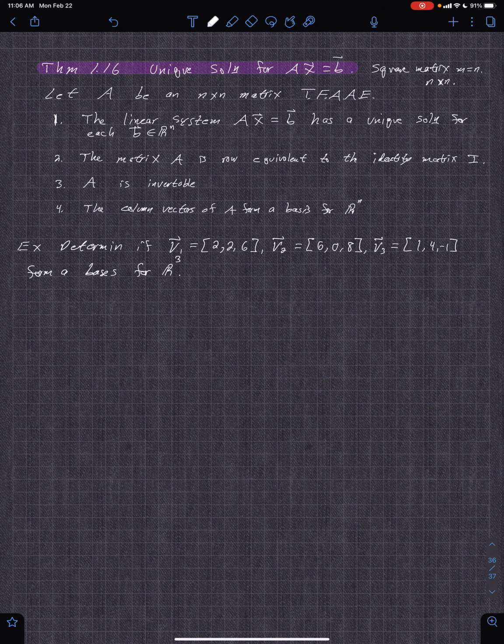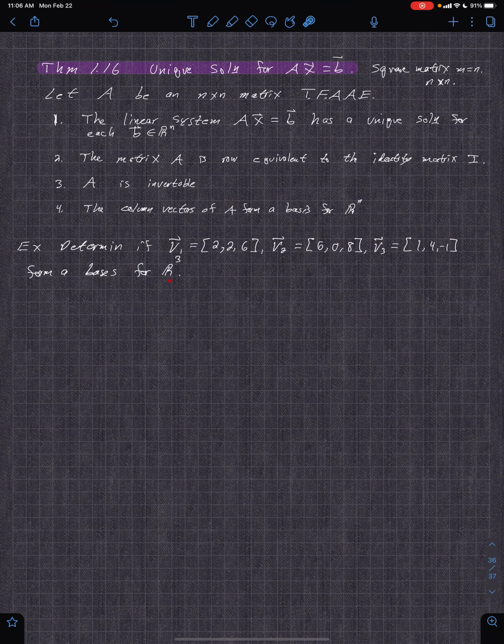So what you're doing is asking, does the span of those vectors generate R3? That's what we basically mean when we say form a basis. So we're not going to use the definition directly. We can use these concepts now, especially this one: the column vectors of A form a basis for Rn.